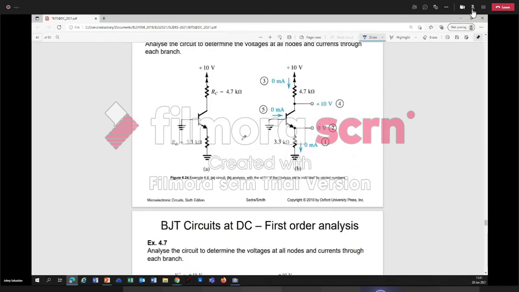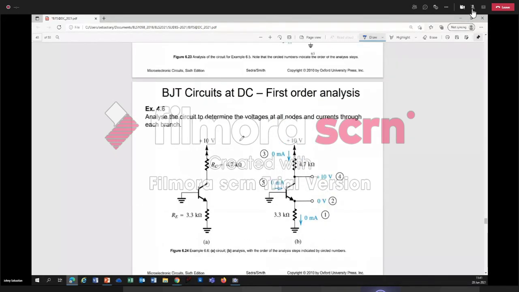BJT circuit at DC: analyze the circuit to determine voltage at all nodes and current through each branch. See, all the questions we have seen so far are identical, is it? Let's have the BJT circuit diagram, 10 volt.